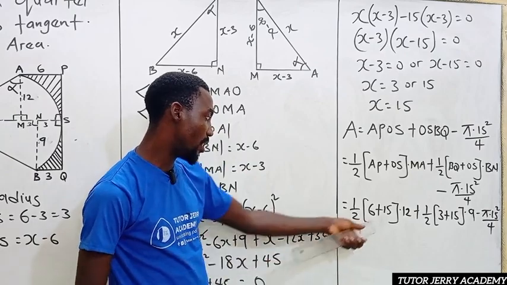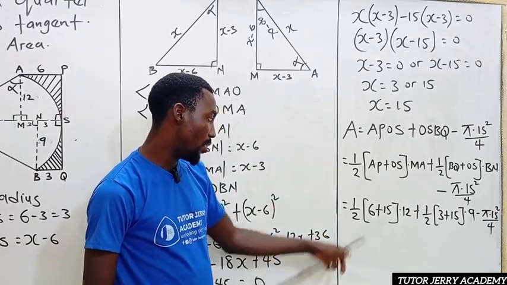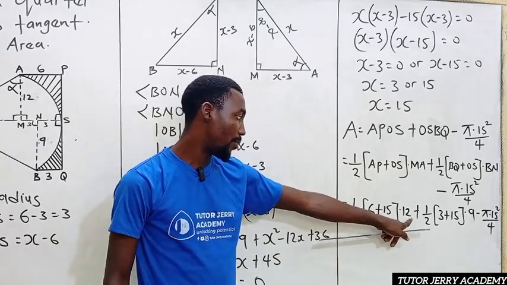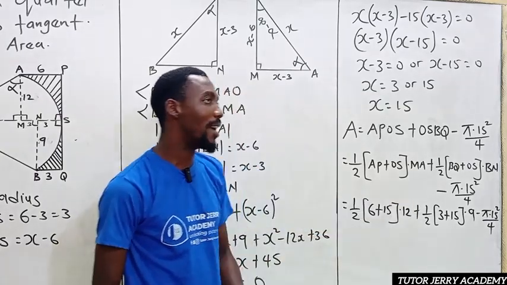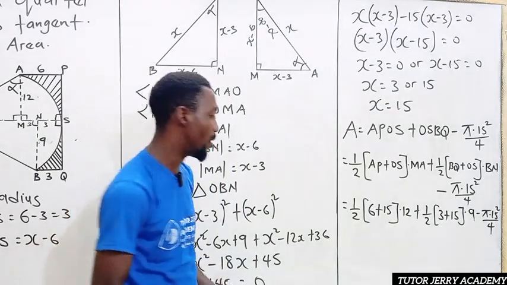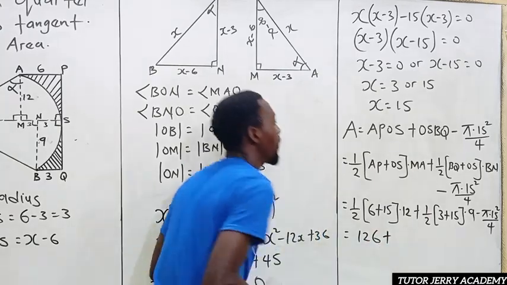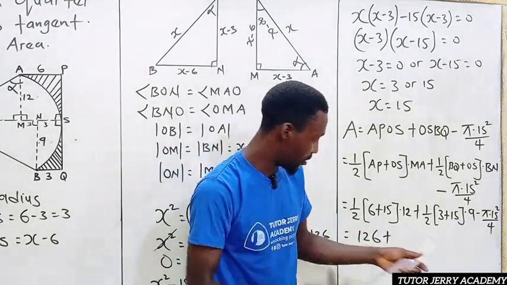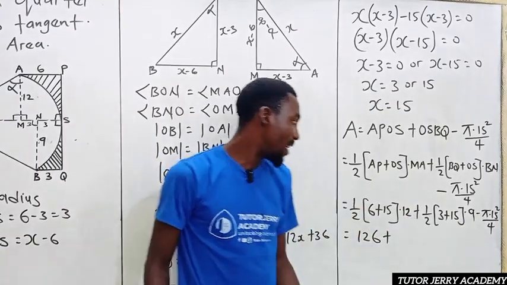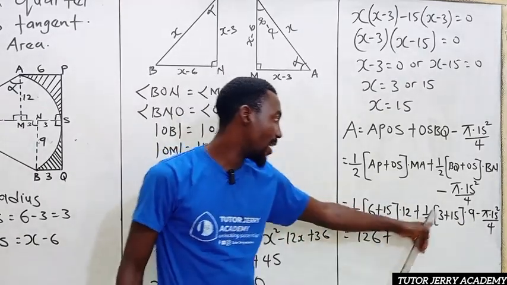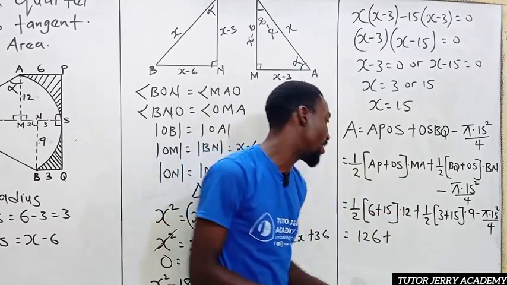All right. So now 6 plus 15 is 21. If you divide 12 by 2, you are going to have 6. 6 multiplied by 21, you are going to have 126. So 126 plus, 3 plus 15 is 18. 18 divided by 2 is 9. 9 times 9 is 81.